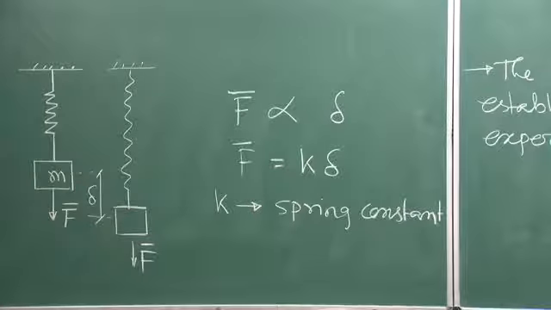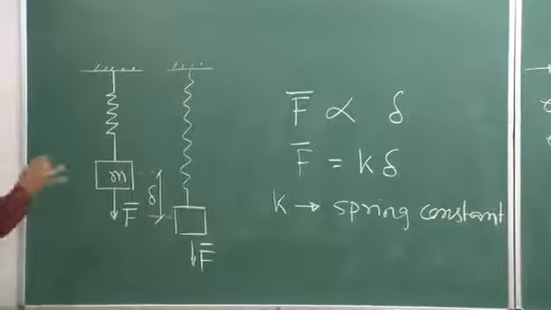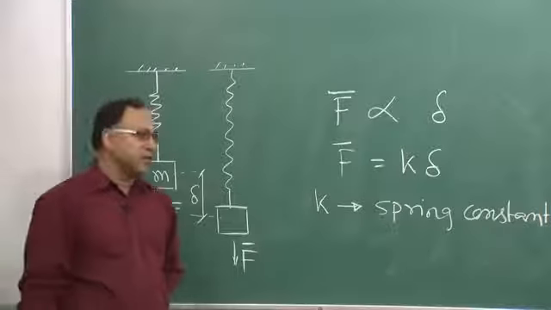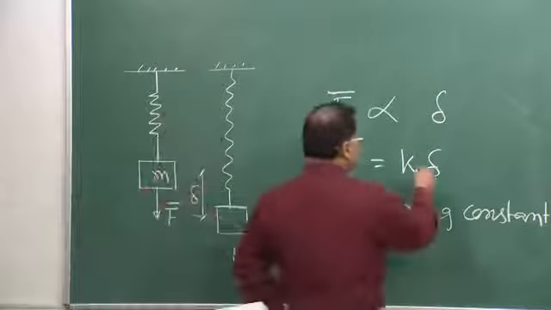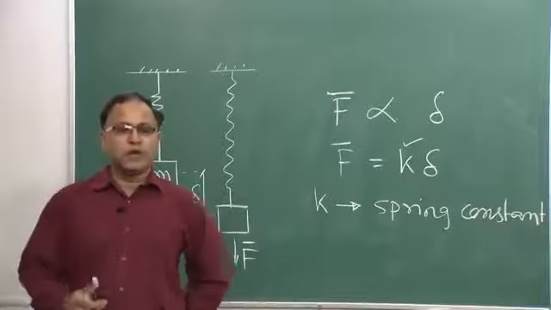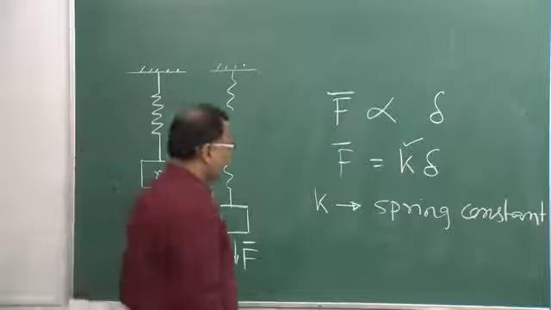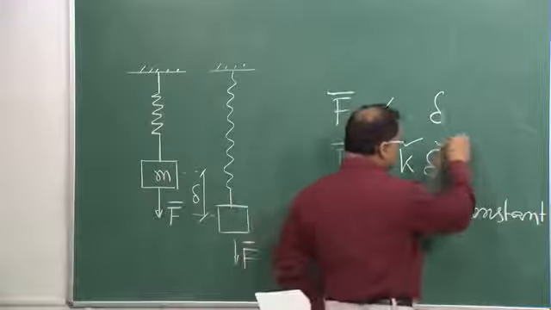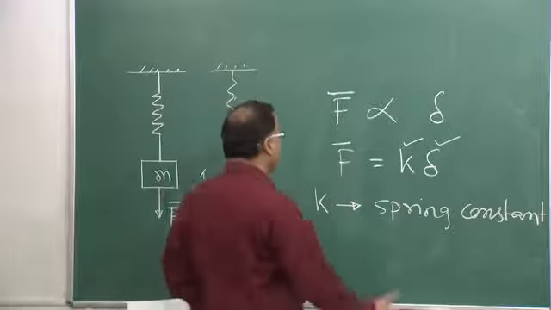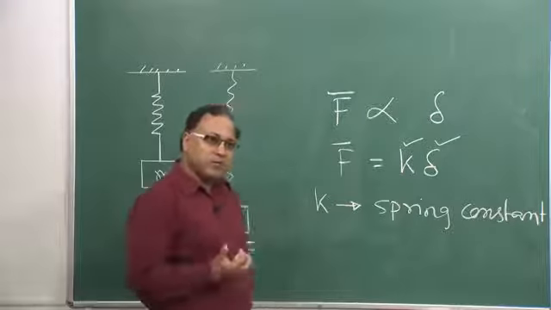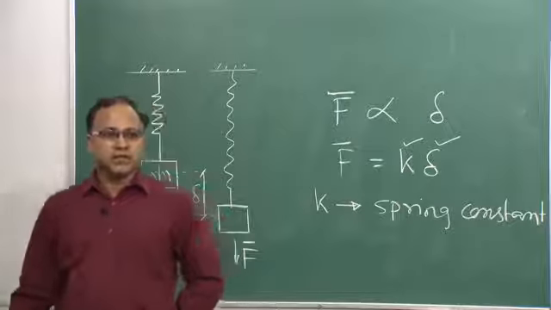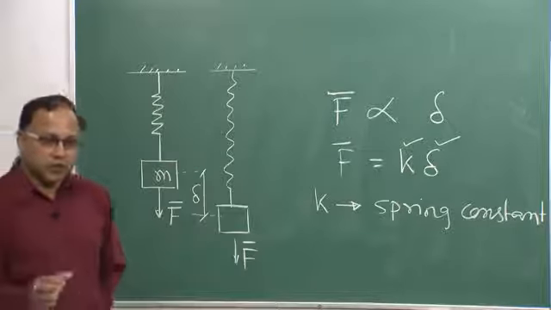Right. So now we consider this a standardized experiment. If I know the value of the spring constant, and from the experiment I observe the value of delta, then we can quantify or establish the magnitude of the force F, isn't it? Yes or no, right?